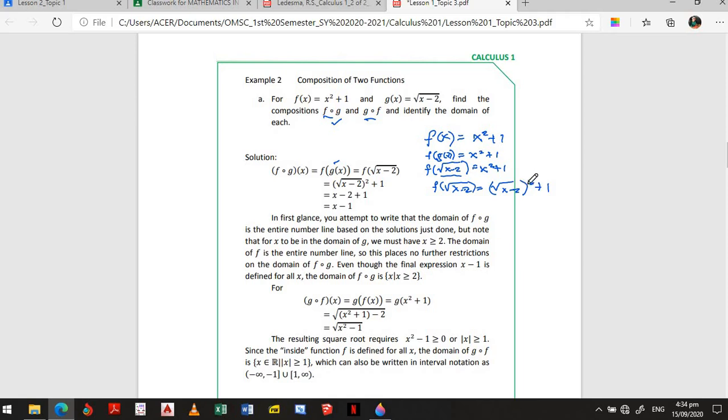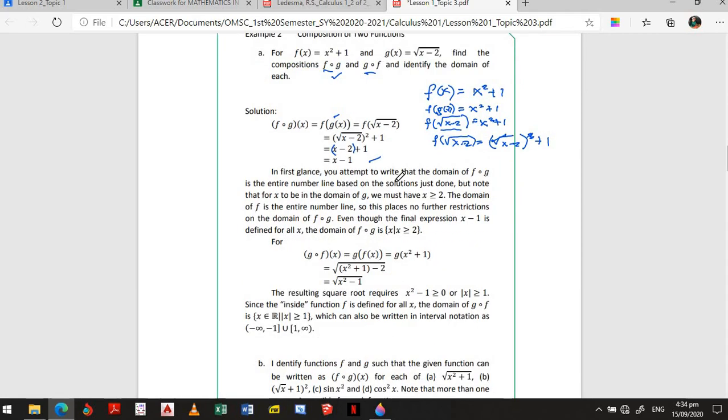Simplifying that one, canceling out our square, what remains is x minus 2 plus 1. Then, simplifying again, we can now have x minus 1.